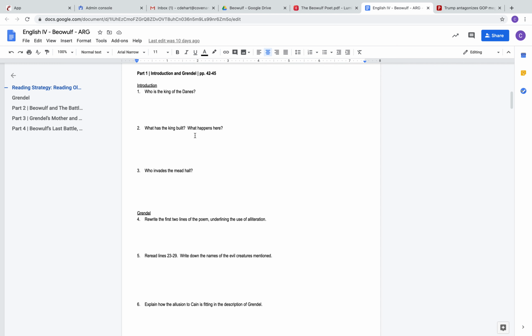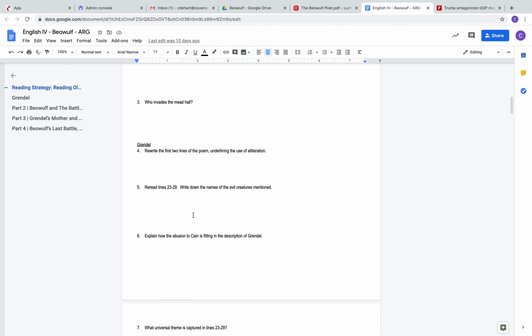So we're seeing the idea of good and evil. We're seeing the idea of God versus the devil. We're seeing a lot of those universal themes that I told you about in the introduction. So that's just the beginning. Really good stuff here. Let's go to line 30.